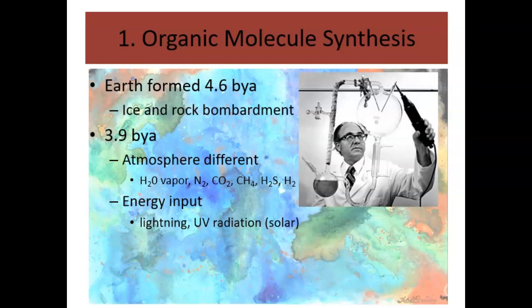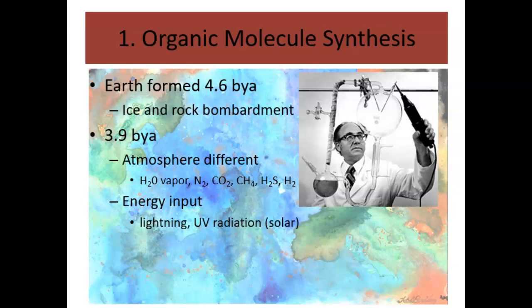Now, I will mention that since Stanley Miller's experiments, there's been some changes in our understanding of what the chemistry was like in that early atmosphere. We think that it was a little different than what Stanley Miller used, and with the better understanding that we have now, the abiotic synthesis of small organic molecules has not been able to be replicated.